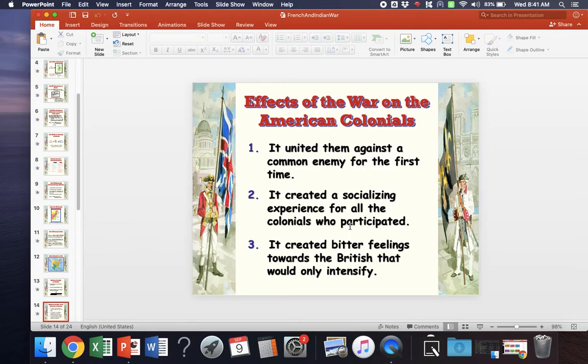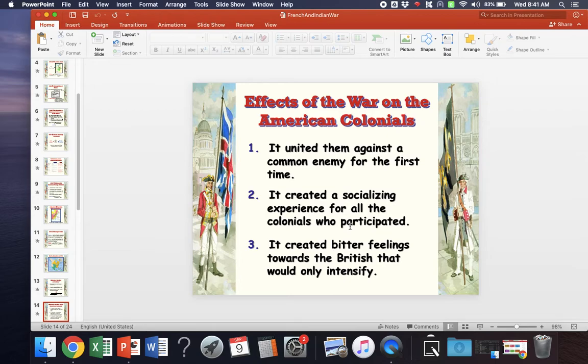A colony founded on profit, a colony founded on this Puritan ideal that if you're not Puritan, you get kicked out. Colonies in the South founded on looking like England. How are you going to make all these people think the same? And one of the ways you did that was a socializing experience for all the colonials who participated. Get to meet people from these different areas.